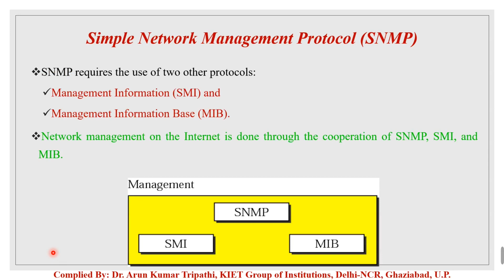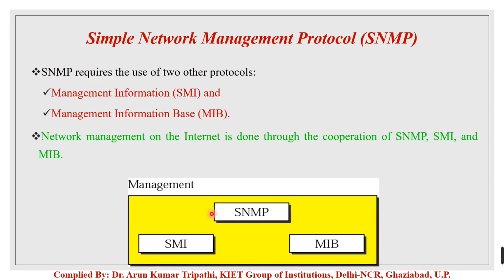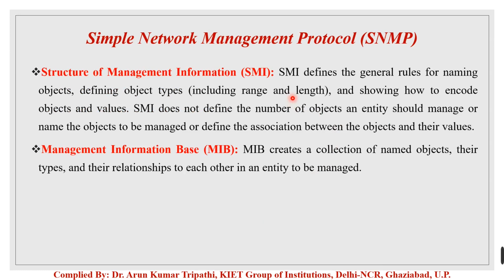SNMP requires two other protocols. First one is the Structure of Management Information, and second one is the Management Information Base. Firstly, I am going to discuss the Structure of Management Information, SMI. This is the protocol that is used in SNMP.